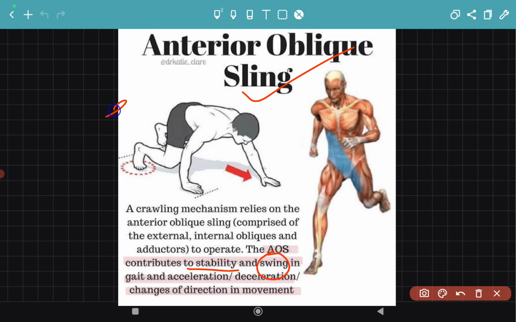So as for example, crawling activity will rely on this anterior oblique sling, which will comprise this adductor, internal oblique of same side as well as external oblique of opposite side. So that is the anterior oblique sling.